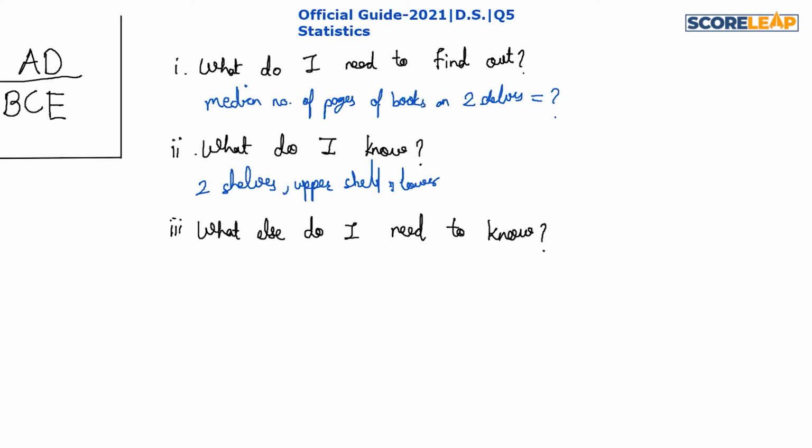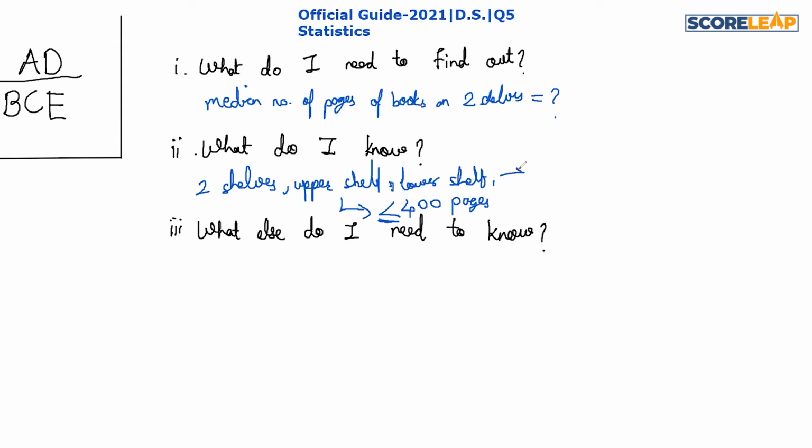Now, what other information do we have? On the upper shelf, the book with the greatest number of pages has 400 pages. So all the books on the upper shelf will have less than or equal to 400 pages, because the highest number of pages is 400. For the lower shelf, the book with the least number of pages has 475 pages.